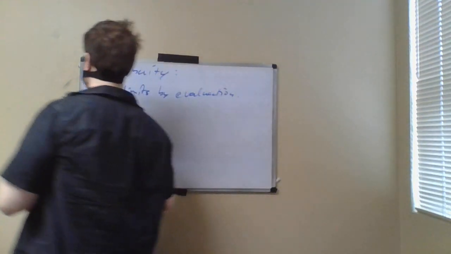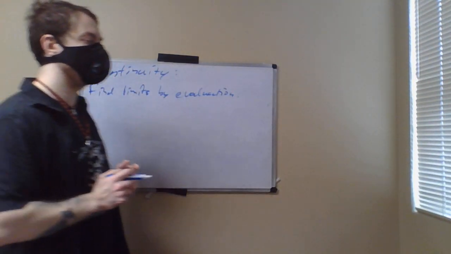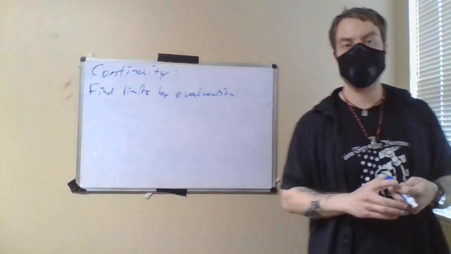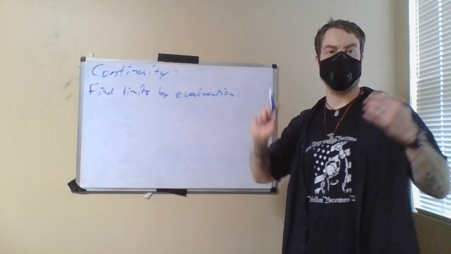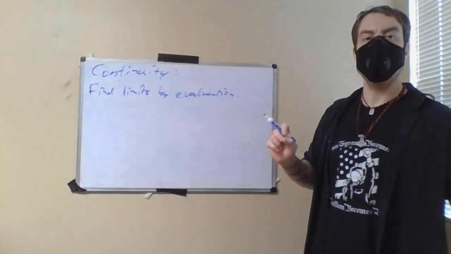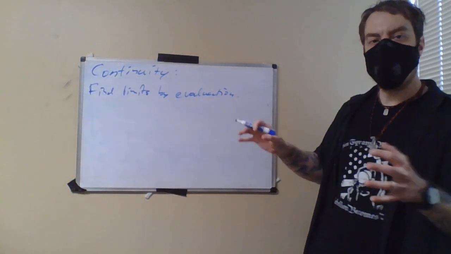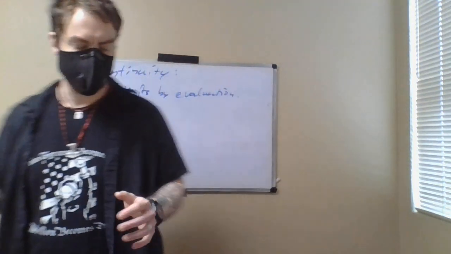So here's what we want to say. Being continuous isn't something that you either are or you aren't. Whether a function is continuous, whether it has this find-the-limits-by-evaluation property, depends also upon where in the domain we are looking.